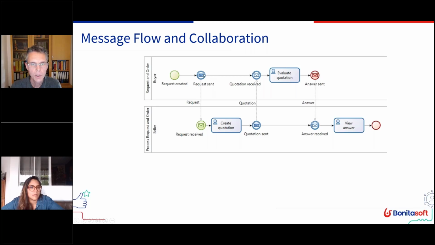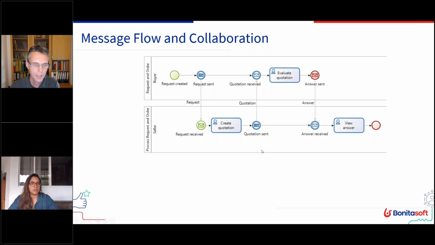They create a request and send the request to the seller, and so on. The seller creates a quotation, sends it back, etc. This is a nice model, and it also reflects how two partners work together. Each partner has their own process, and they exchange messages.